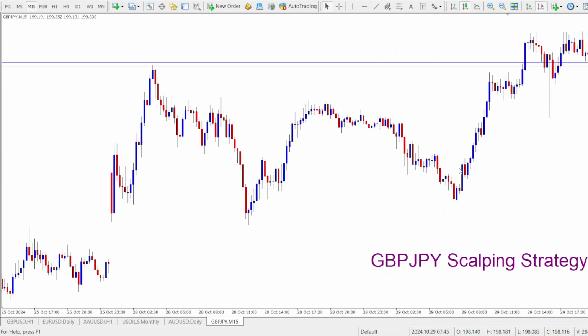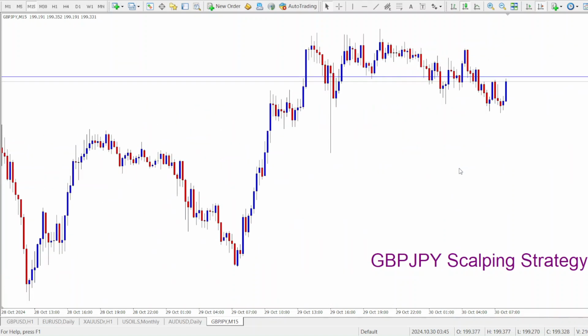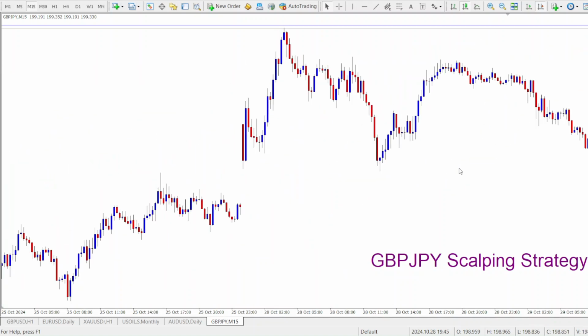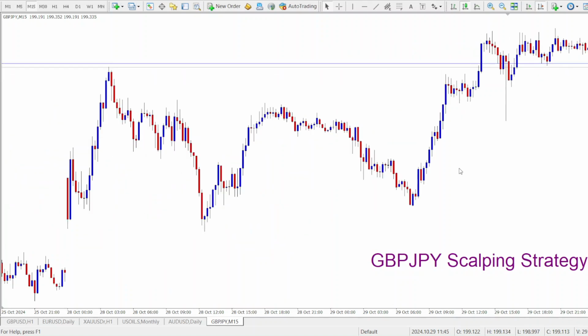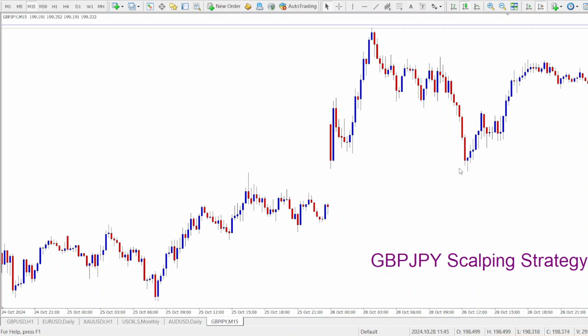If you are a scalper, you are going to be aware that the more volatile a market is, the more chances you have to catch quick moves. And the GBPJPY is one of those volatile pairs that can give you quick trades.